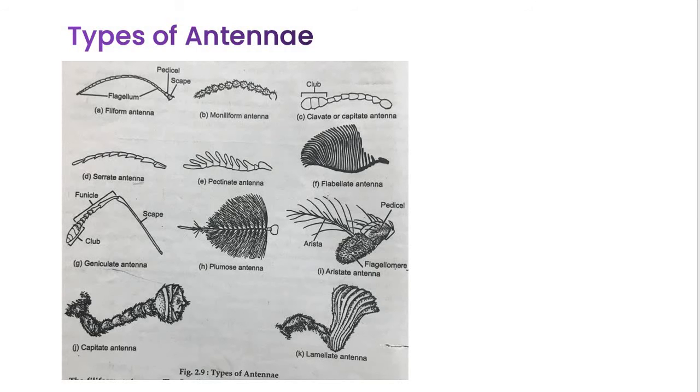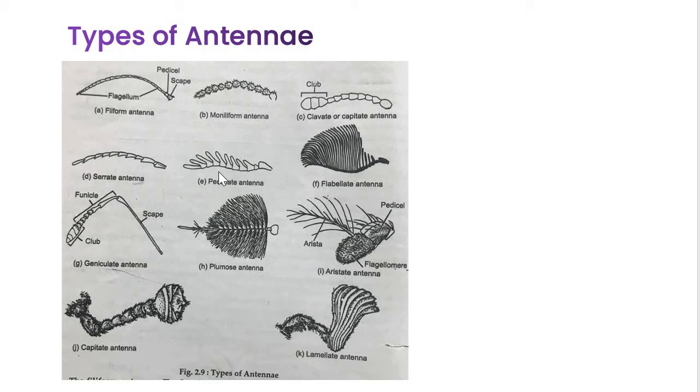Then the pectinate antenna. Here you can see the pectinate antenna, right? Here the individual segments of the flagellum extend only on one side of the long process, and therefore the antenna becomes a comb-like structure.